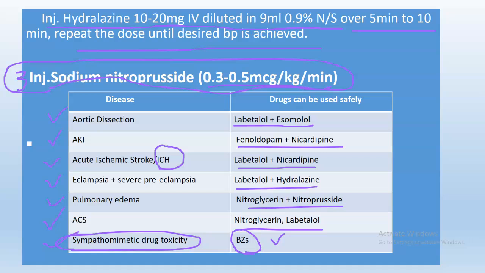So in managing hypertensive emergency, you need to know if the patient has any disease present before. If not, then you can select any one of them, but if it's present, then you need to be cautious about selecting antihypertensive medications.